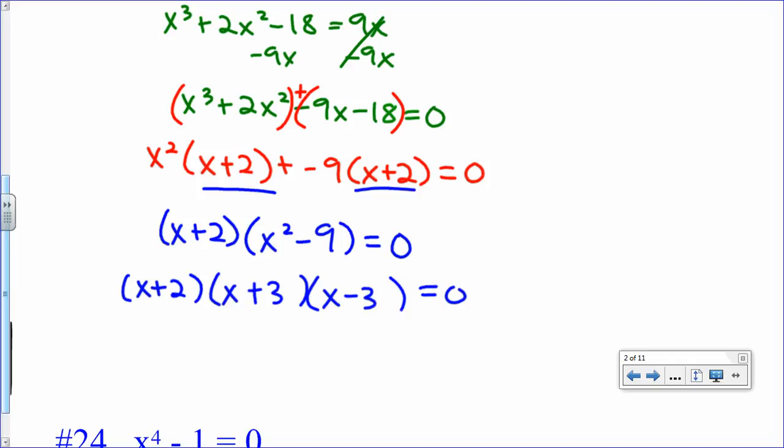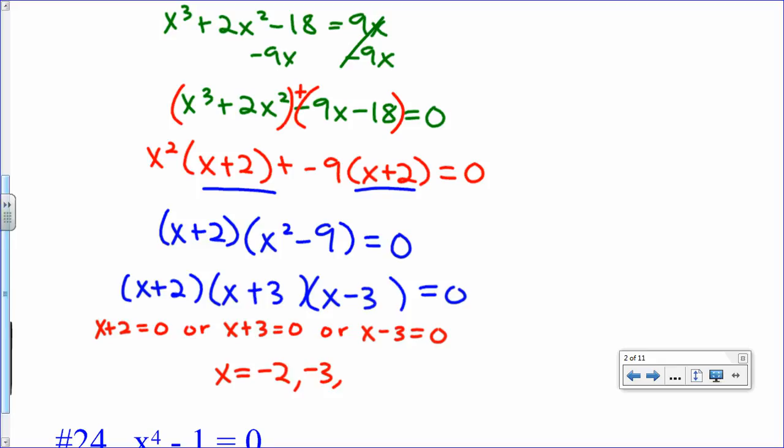So that's where you say, okay, x plus 2 equals 0, or x plus 3 equals 0, or x minus 3 equals 0. So x equals negative 2, negative 3, 3.